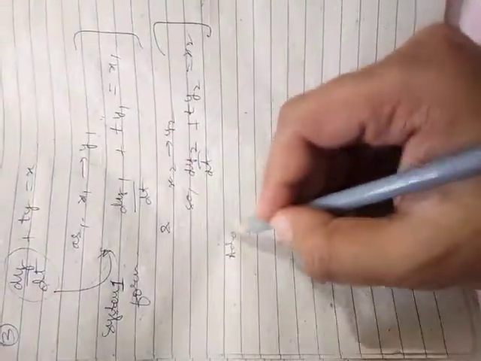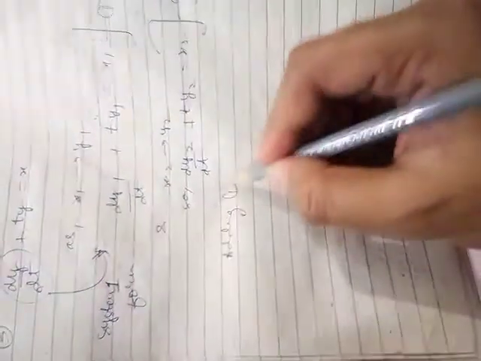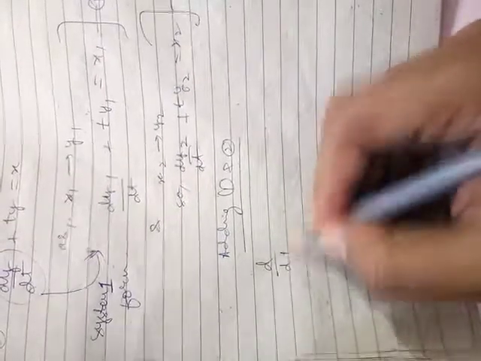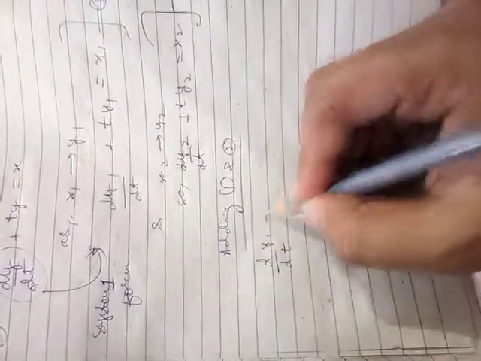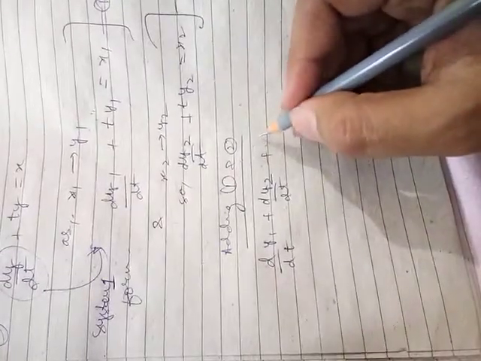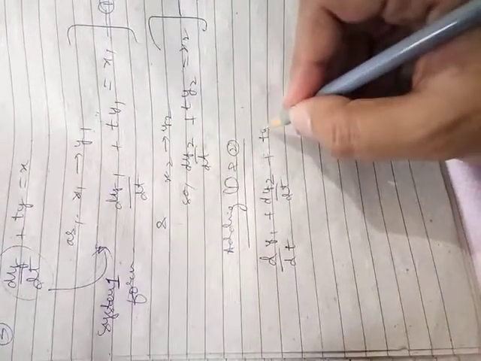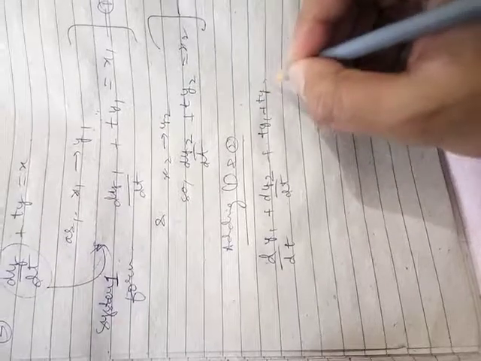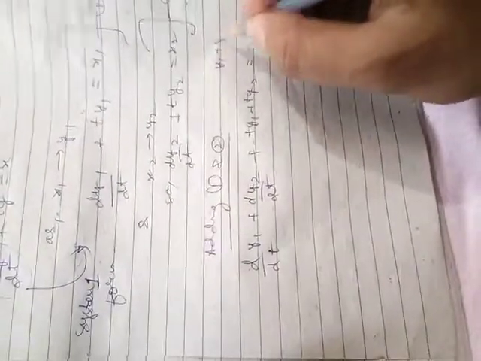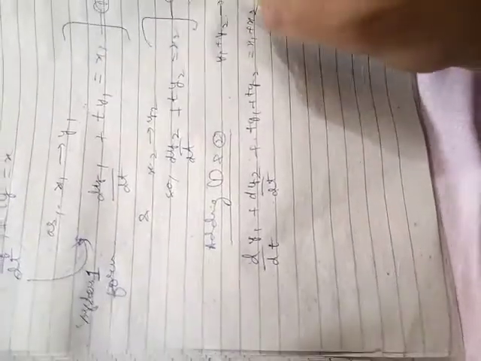Adding equations 1 and 2, what we have is x1 plus x2 on one side, something like this.